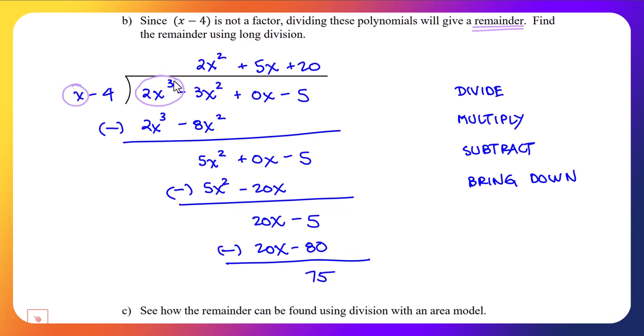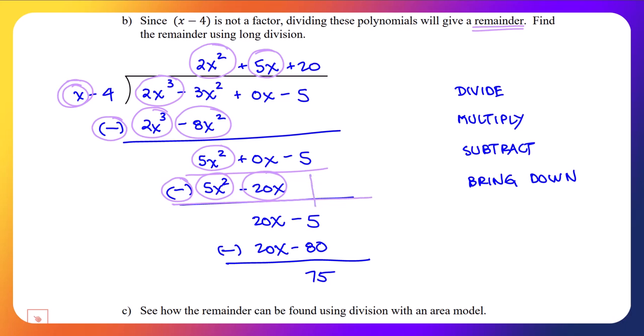So what times x is 2x to the 3rd? It's 2x squared. Multiply. Subtract carefully and bring down. What times x is 5x squared, and that's 5x. Multiply. Subtract carefully and bring down.